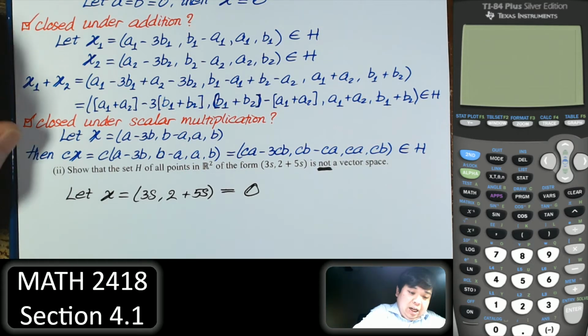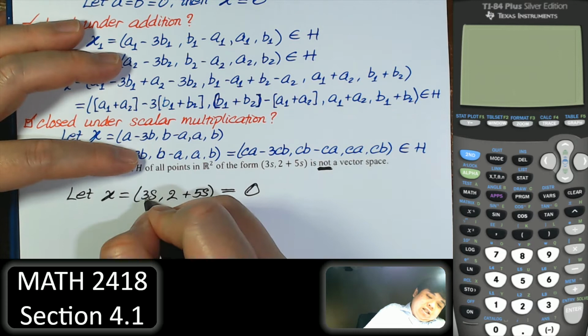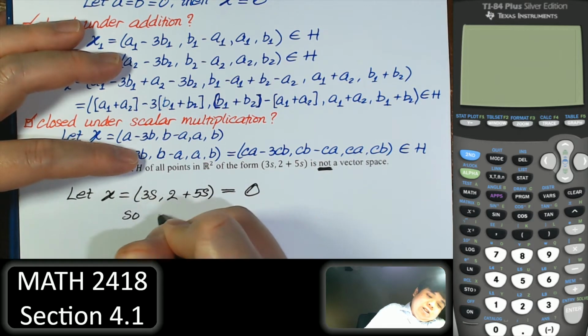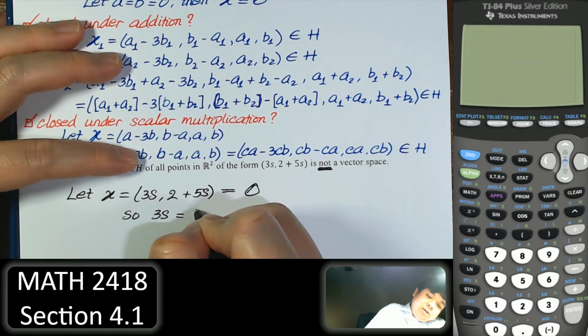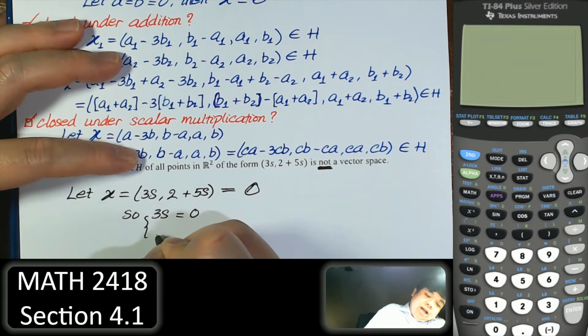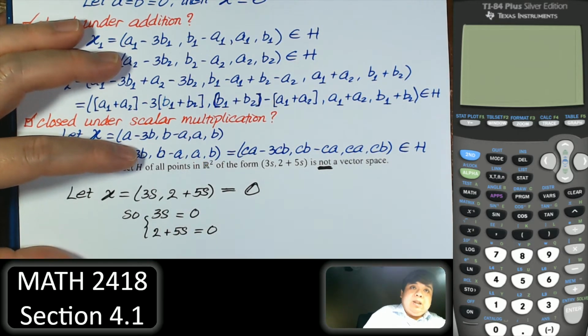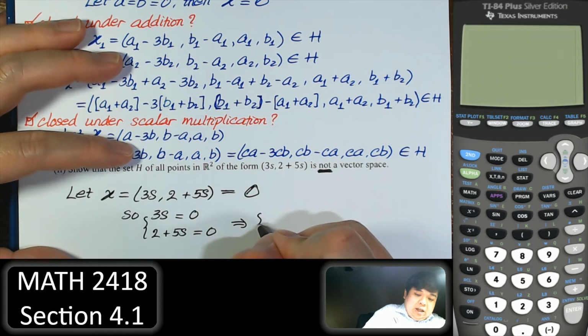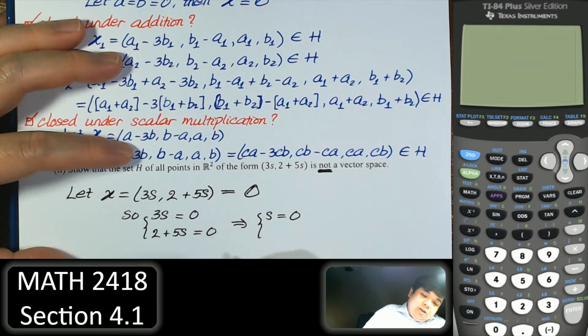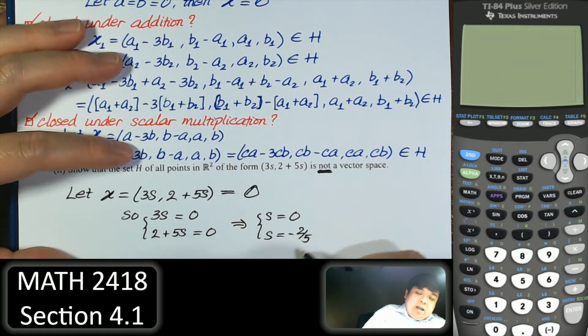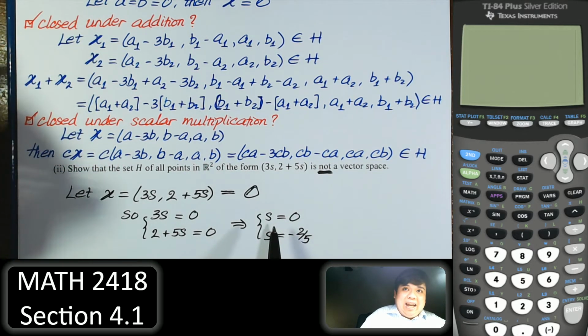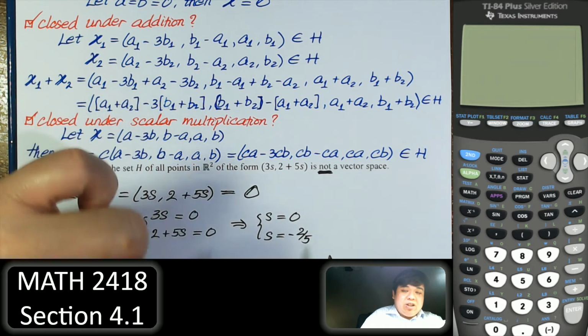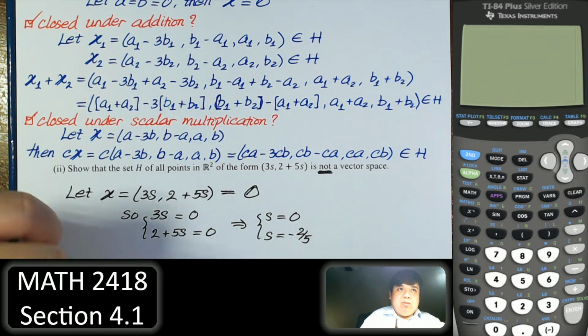Well, in this case we have 3s equal to 0, and then 2 plus 5s is equal to 0. This is equivalent to saying s equal to 0 and s equal to negative 2/5. It cannot happen because s is just one value. It cannot take 2 different values at the same time.